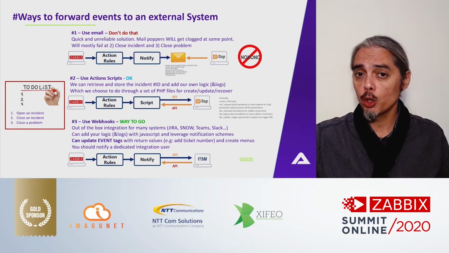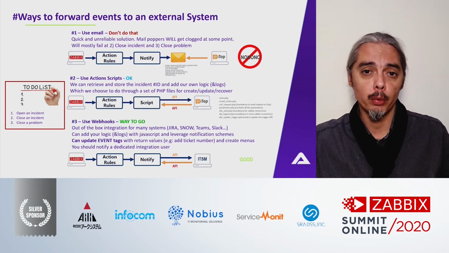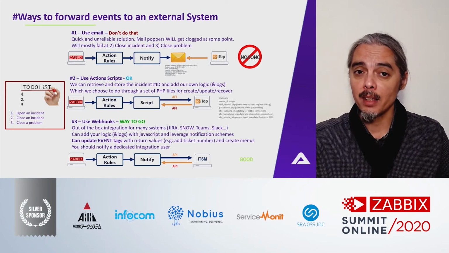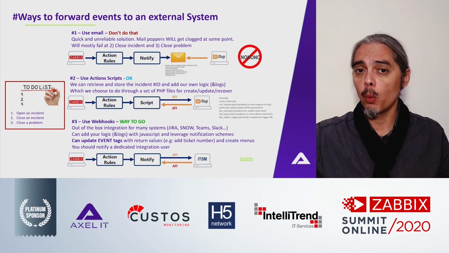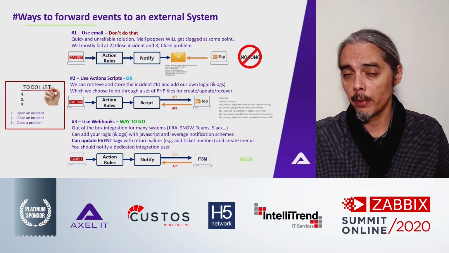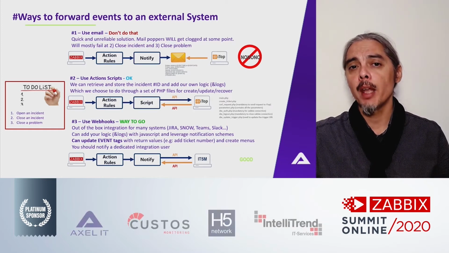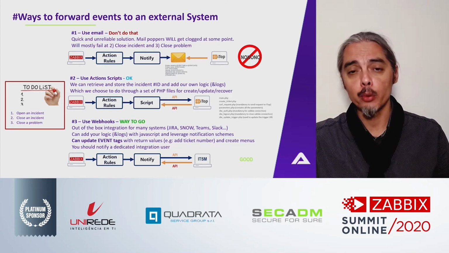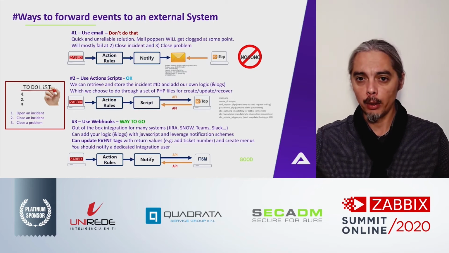Only it will be JavaScript rather than any language you would prefer to use for a script. And the real asset today of webhooks is that, even for the out-of-the-box ones, they are able to update tags on the fly. They do that with some limitation, and we'll get deeper into that a little later.